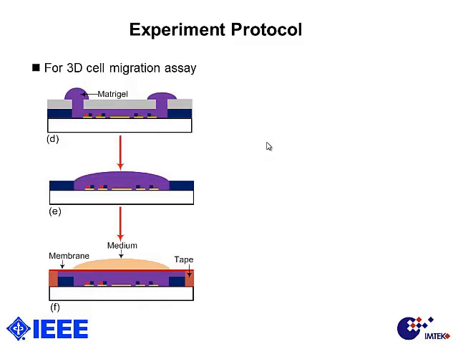So the chip in 2D, after culture in the incubator, we will replace the medium inside the chamber with matrix gel. And we will incubate for 15 minutes more for the matrix gel to polymerize.